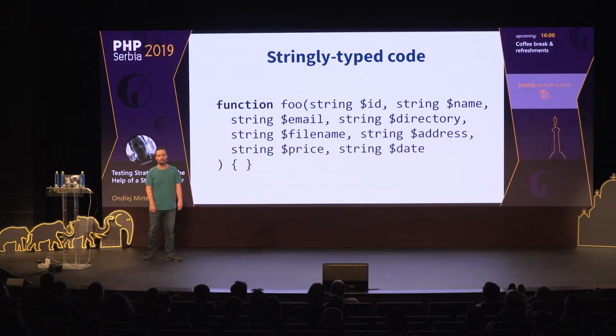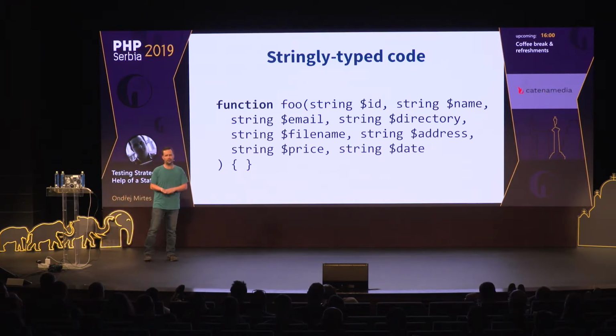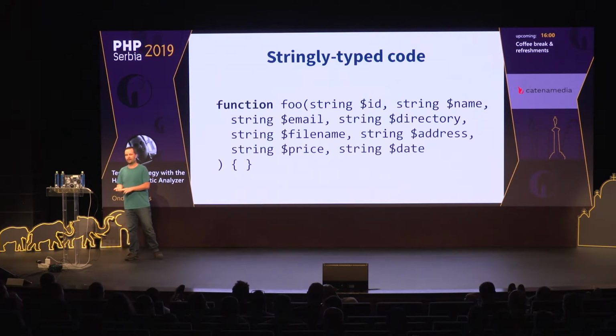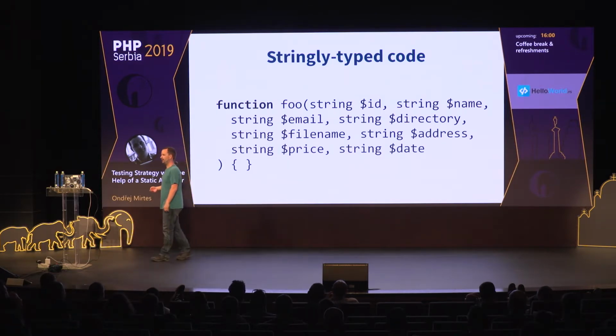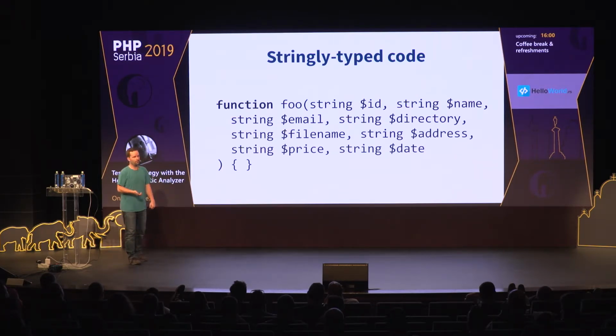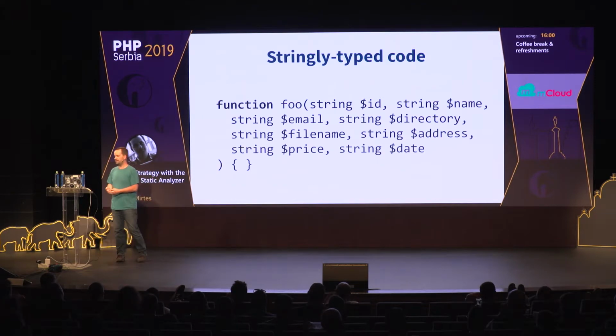But you can do better, because when you use a primitive type like string or integer, you should really think about whether you really want all possible strings in there. So for example, if I type out string name, I have to think if I want to accept all possible strings. So is an empty string a valid name? Probably not. Is a string concatenated only from emojis also a valid name?